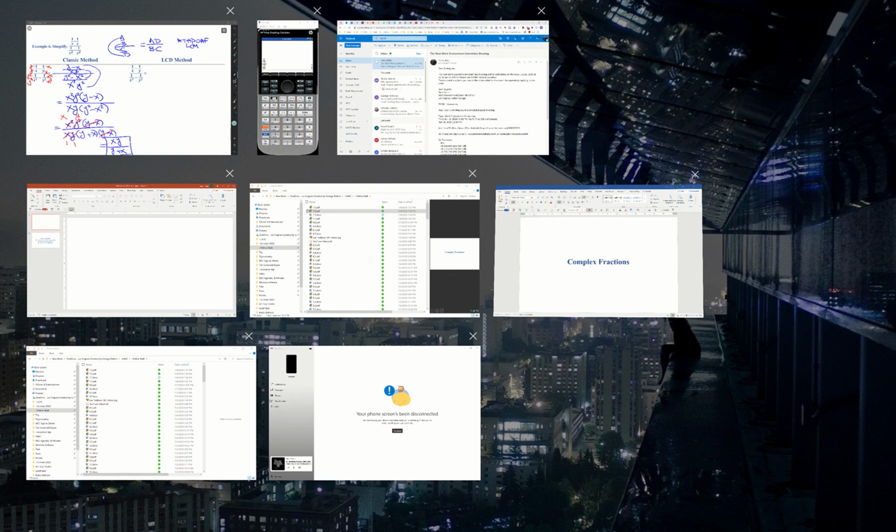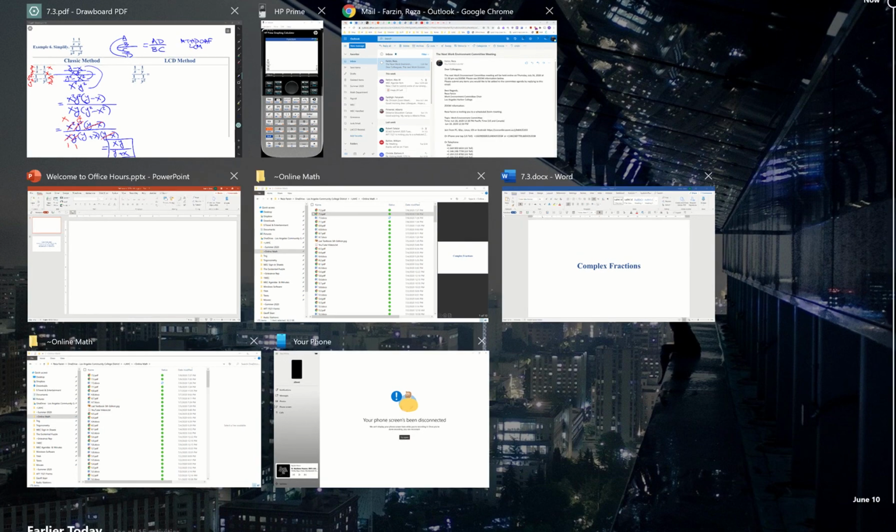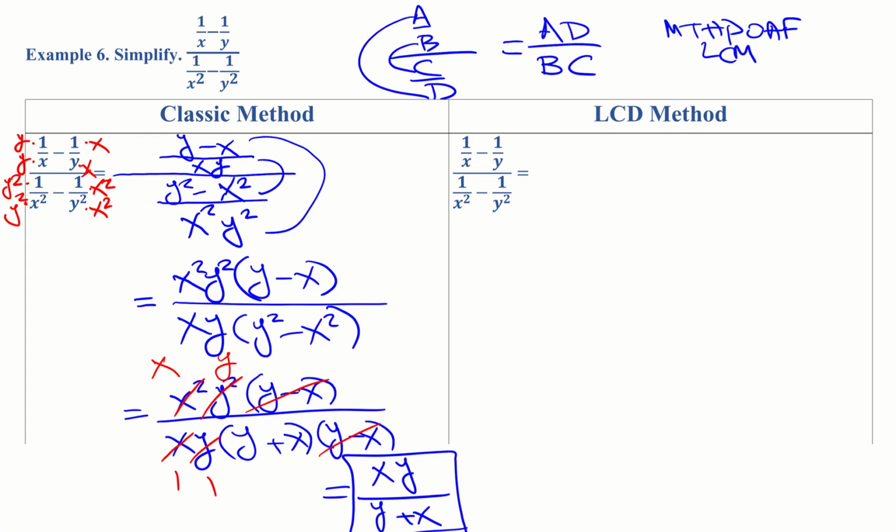So the highest power of x is x squared, the highest power of y is y squared. So the LCD is simply going to be x squared y squared.